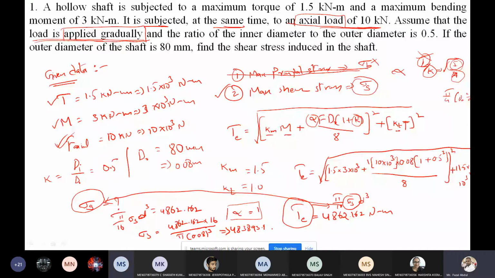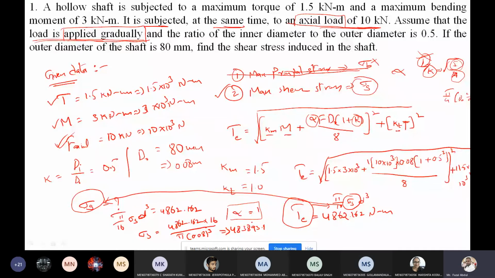Sir, hollow shaft. Hollow shaft, then what happened? Two diameters are there, no, sir.